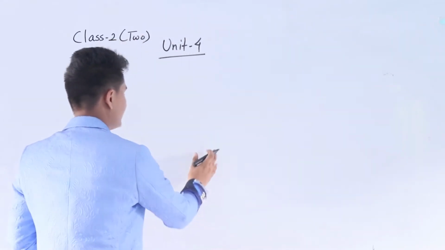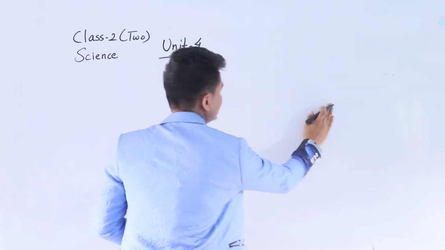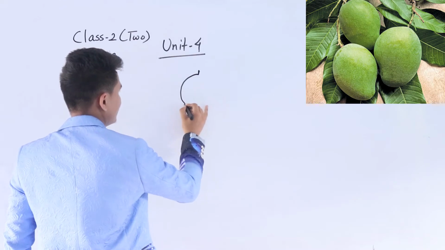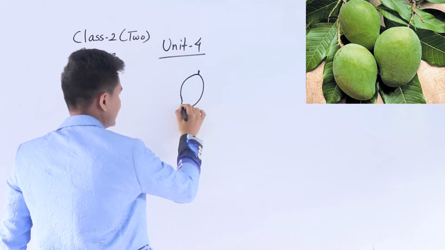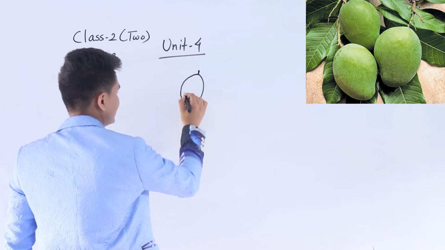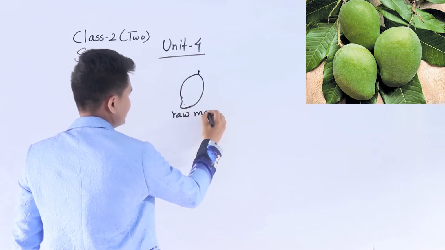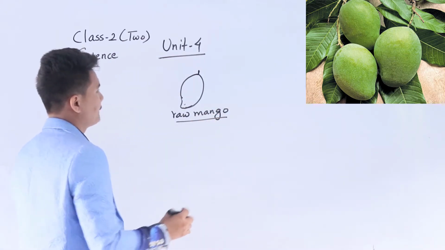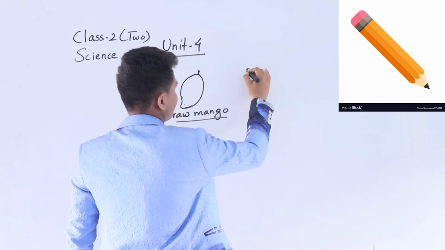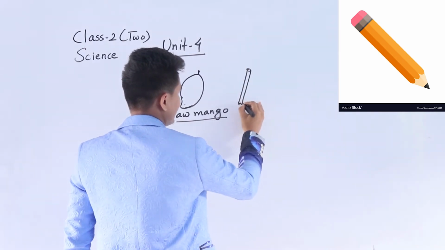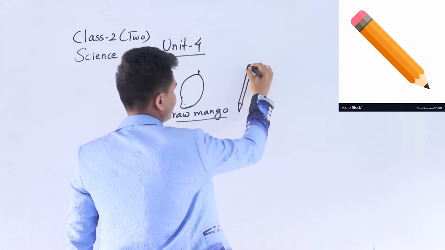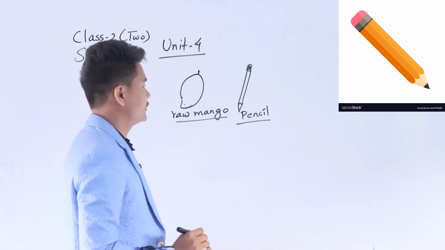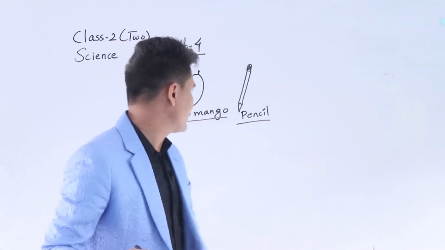Before that, I would like to give some examples here. You have to determine whether each is hard or soft. This is a raw mango. This is your pencil. I would like to give another example as well.